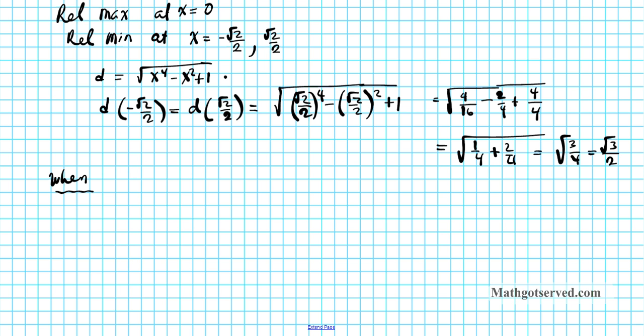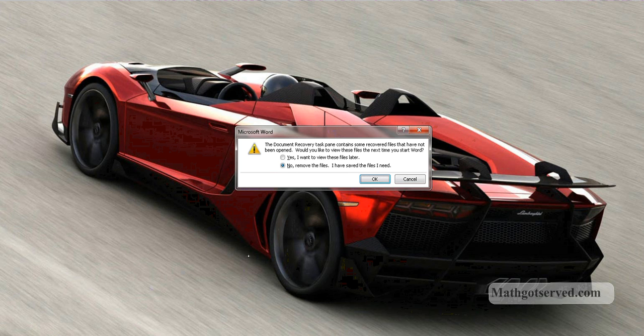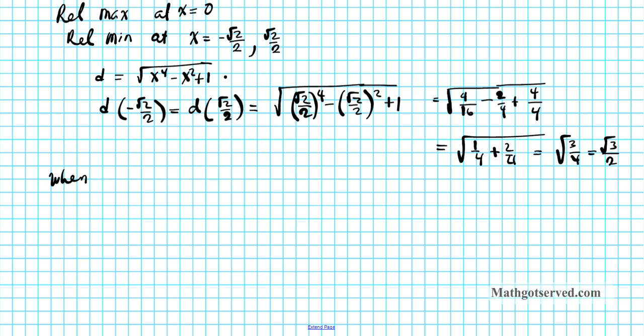So when x is equal to the first value, negative root 2 over 2, what is y? Well, the constraint function tells us what y is. So y is equal to 3 minus x squared. If we plug in this value, we're going to have 3 minus negative root 2 over 2, squared.